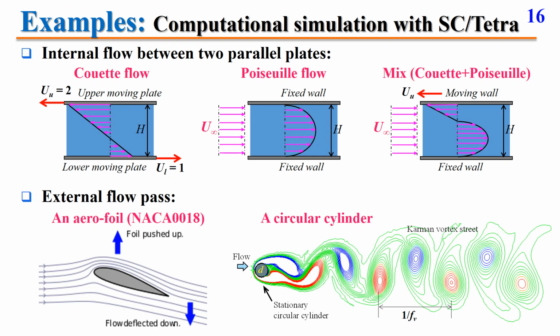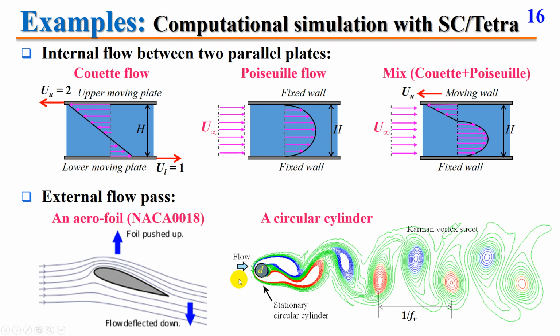And in the next group of simulations, we will go to external flow with two cases. The first one is the flow over an aerofoil, which we will simulate using a steady simulation. The second external flow is flow over a circular cylinder.